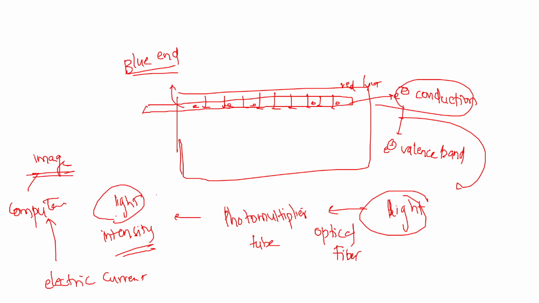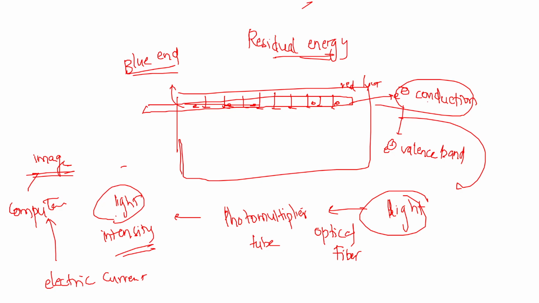Sometimes not all the electrons from the conduction band come back to the valence band. Some residual electrons are left in the conduction band. In order to remove them, we have to erase the image.